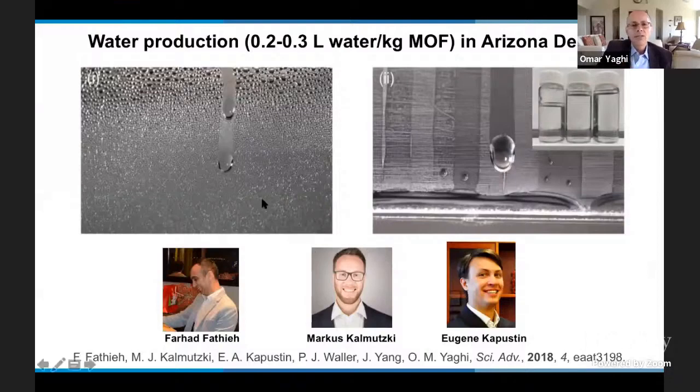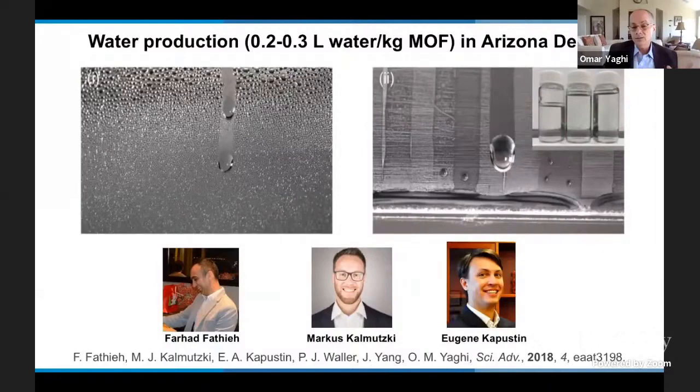And you see here, these are pictures of the walls of the outside box showing water droplets forming and running down, and we collect the water. So for 1 kilogram of moth, we were able to collect 200, depending on the exact weather conditions, to 300 milliliters of water. Okay, so that's one cycle between day and night.